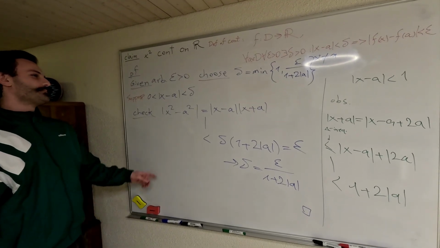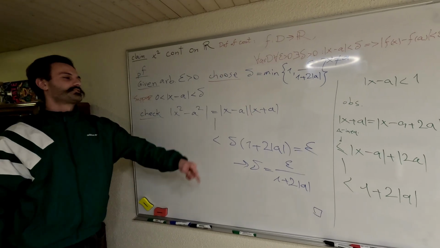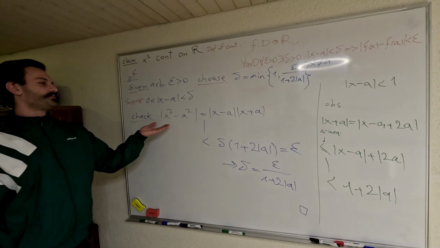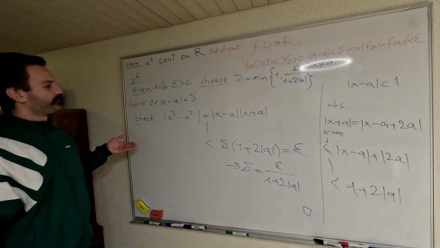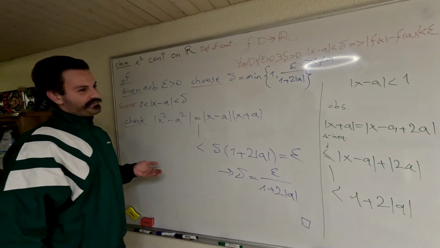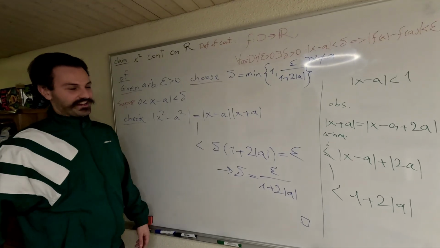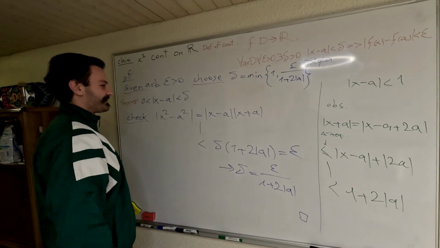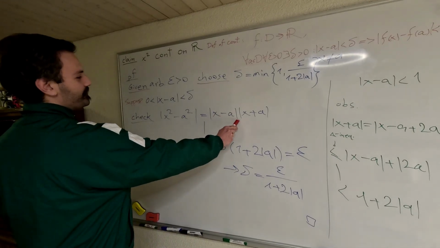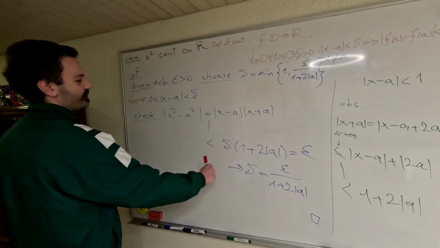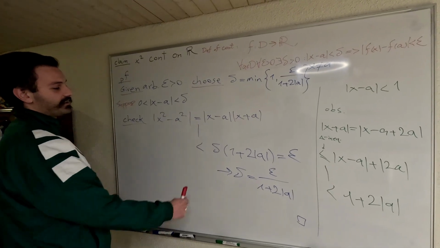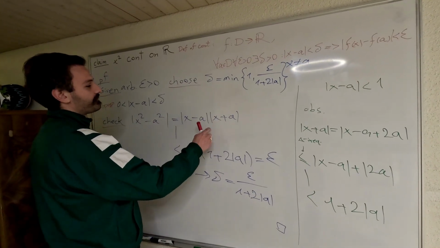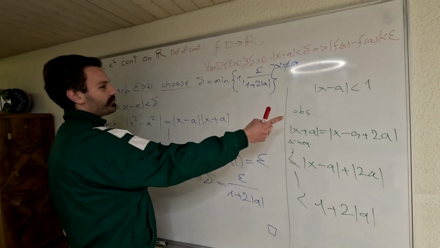And then plug in the functions, factor the expression, do what you can do with this expression. Like if you write down x squared minus a squared, you can factor this and then estimate it. We know that one of these two terms is strictly less than delta by the definition, and the step that we have to do is to estimate also x plus a.